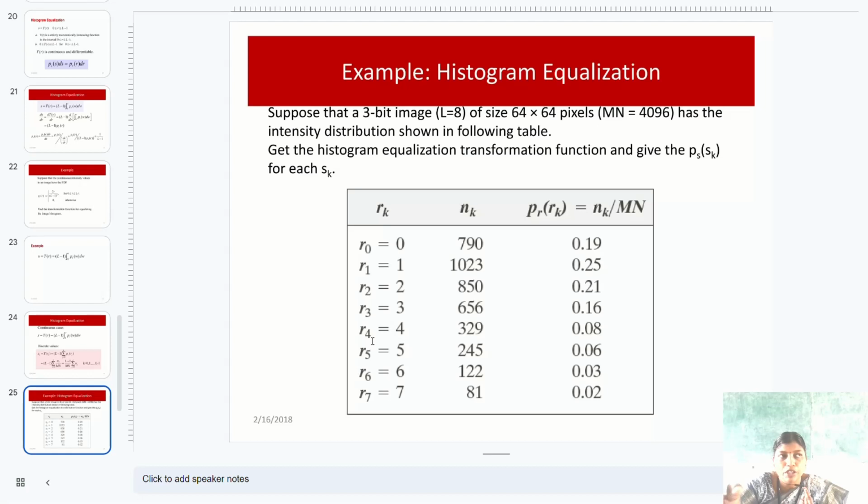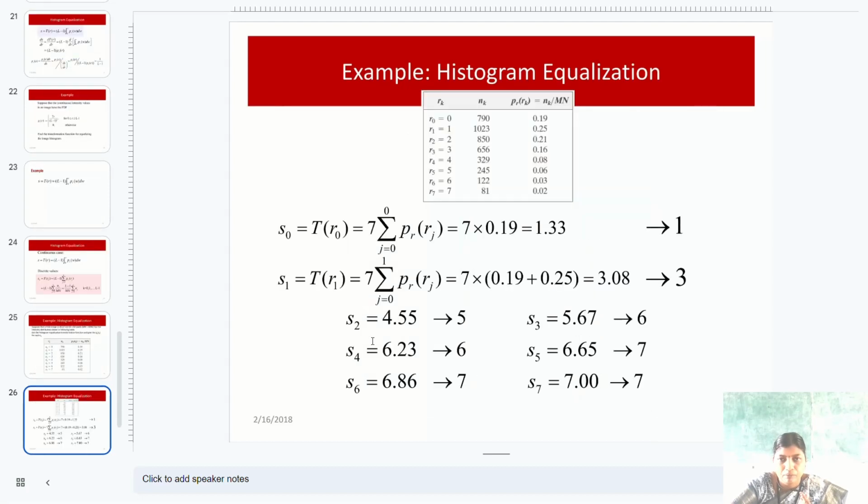Suppose we have a 3-bit image of 64 by 64 pixels. The intensity values will be taken for calculation in a tabular column, and the transformation function will be taken into account. So you can take RK, then calculate NK for each RK, then P of R of RK is equal to NK divided by MN.